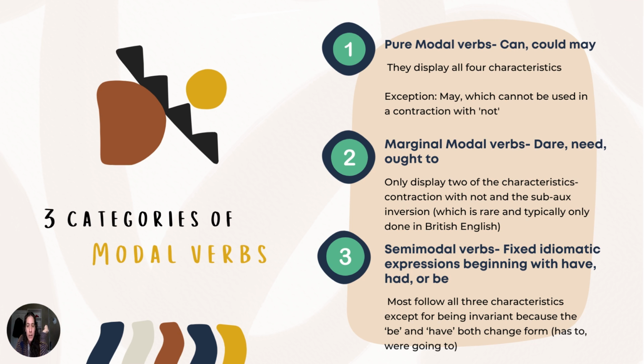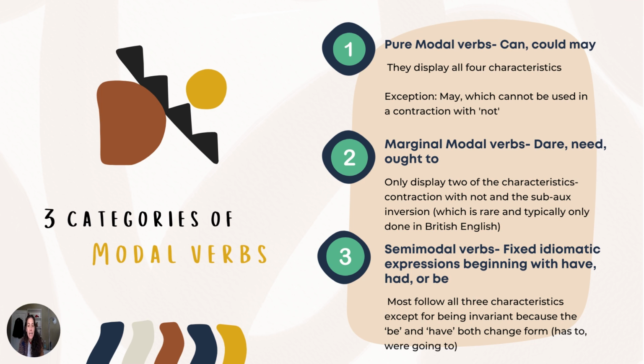Then we have marginal modal verbs. So if you think about a piece of paper, think about your normal lined piece of paper. We have on the side of our paper, right? The side where the lines stop, those are called the margins, right? Or when you're typing on your computer and the word stops or the sentence stops and then goes to the next line, all that free space on the side is called your margin.